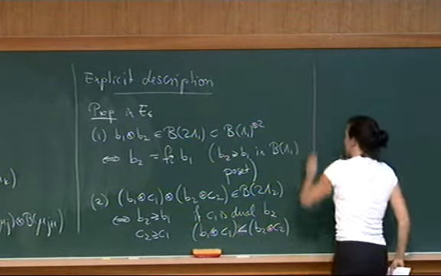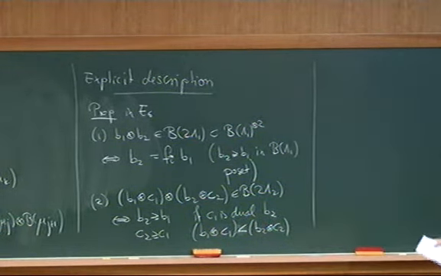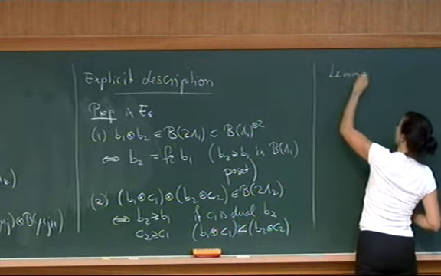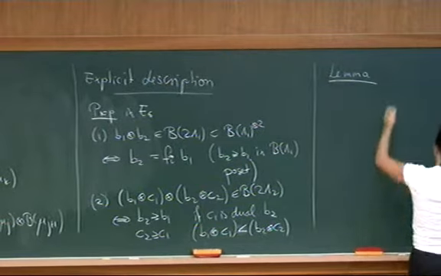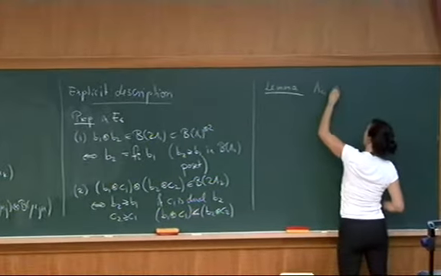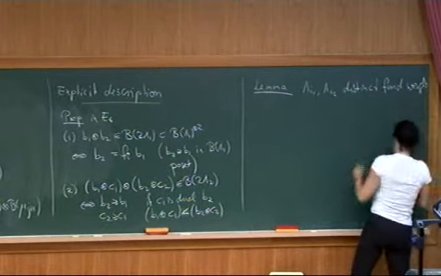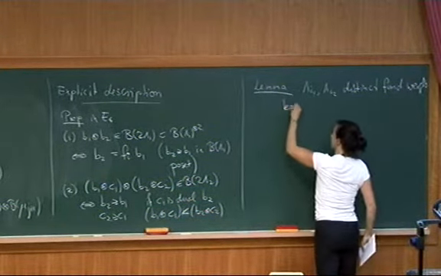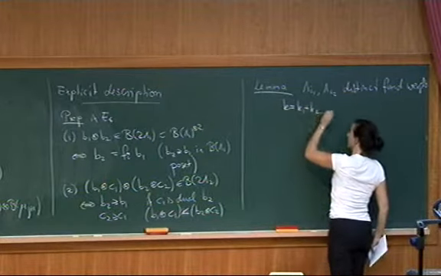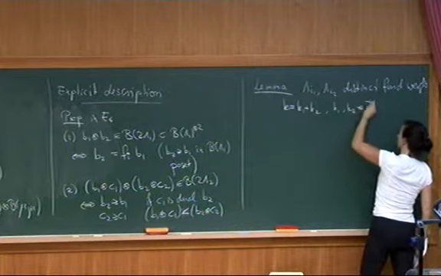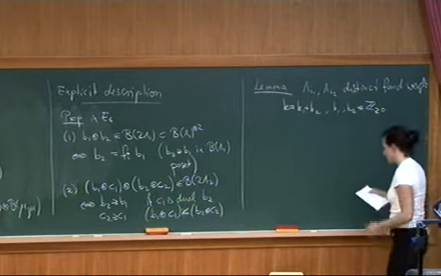Okay. So these are just some special cases that we worked out, and there's another little lemma which says the following. Let's suppose lambda i1, lambda i2 are distinct fundamental weights, and let's suppose that k is equal to k1 plus k2, where k1, k2 are non-negative integers.